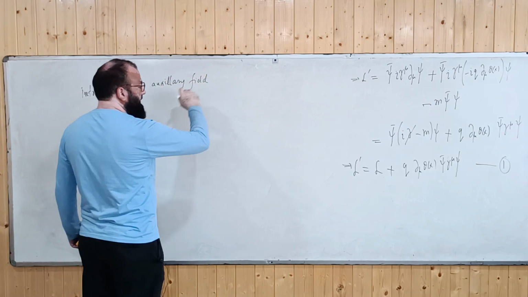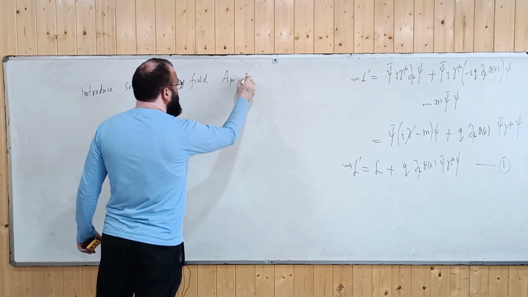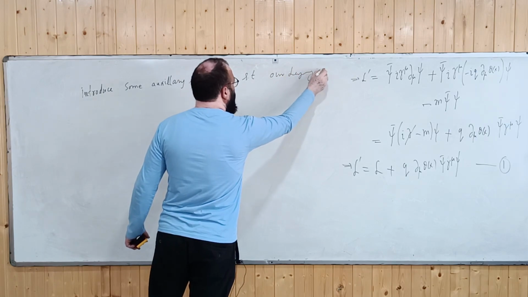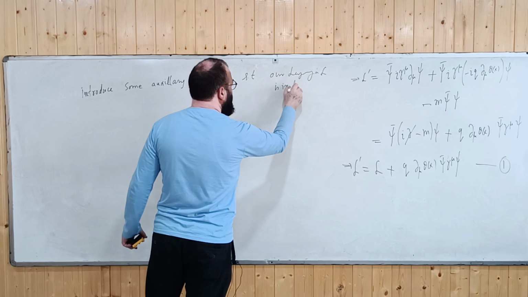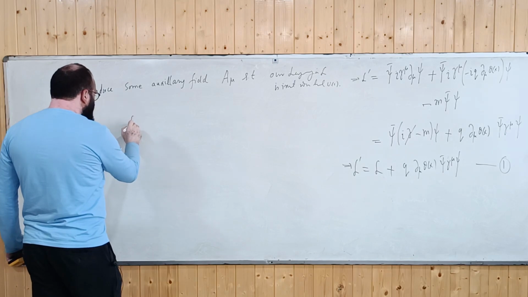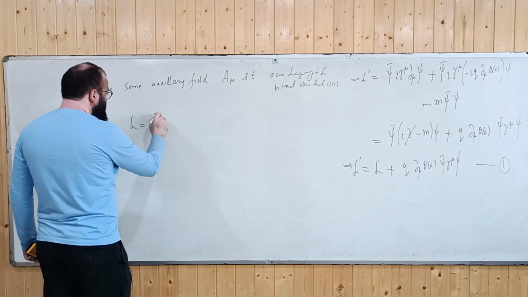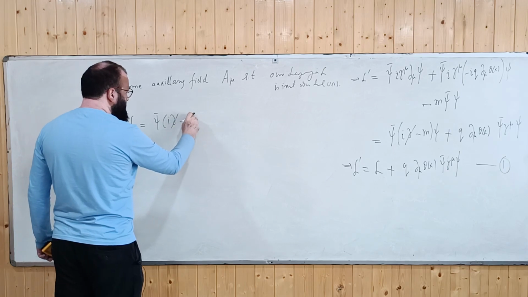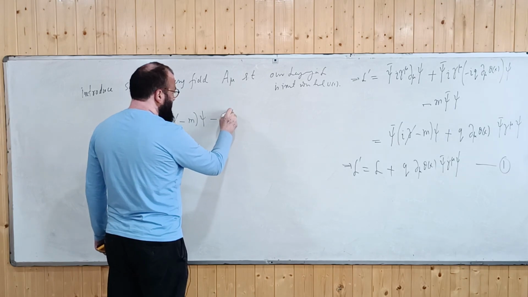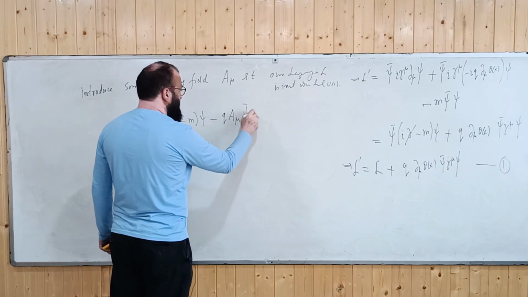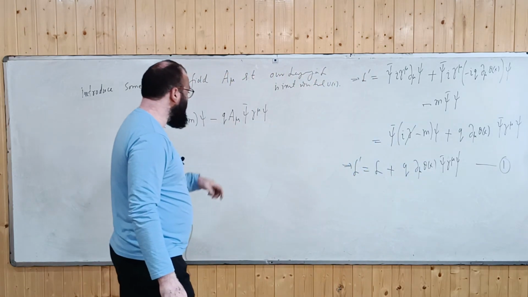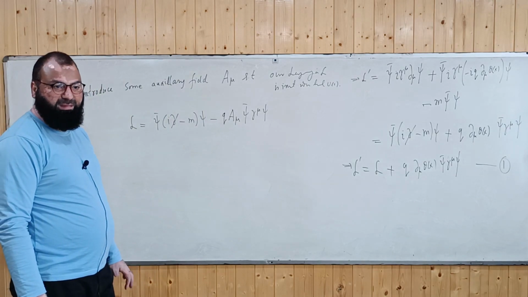So let's introduce some auxiliary field. Let's call that field A mu, such that our Lagrangian L is invariant under local U(1). So what does it mean? I am taking this psi bar i partial slash minus m psi, and then minus q A mu psi bar gamma mu psi. So this very term, and here I introduce a field A. Got it?